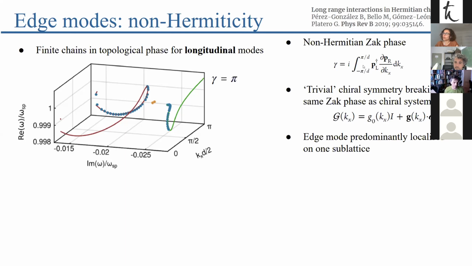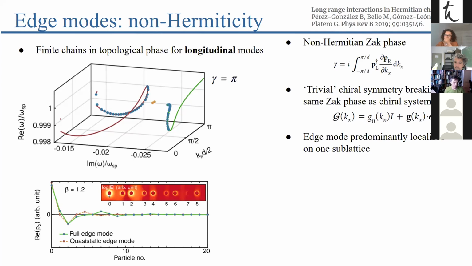And because the SAC phase depends only on the eigenvectors, even if the eigenvalues are changing, the eigenvectors of the full non-Hermitian system are the same as the eigenvectors of a chirally symmetric system. So this gives us the same SAC phase. And as one would expect for the chirally symmetric system, where these A to A lattice hoppings would not appear, one can still find the edge modes.